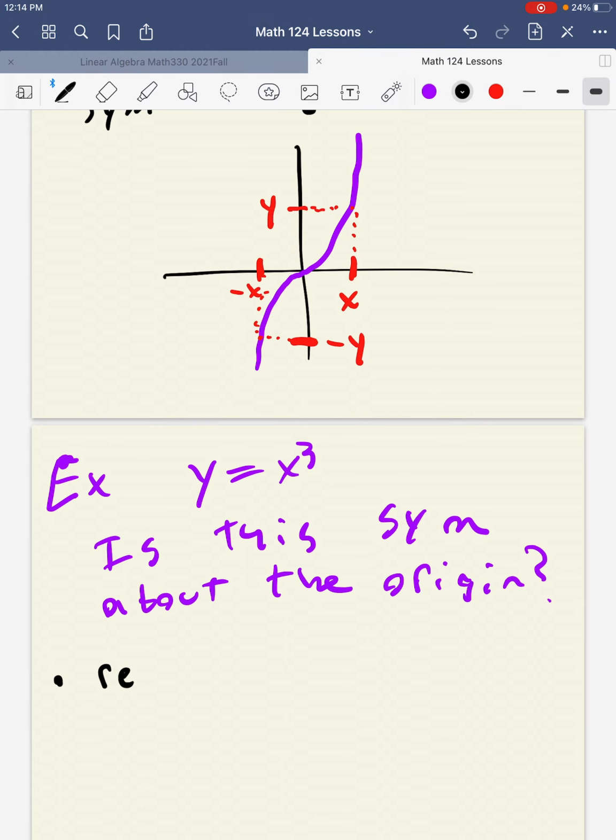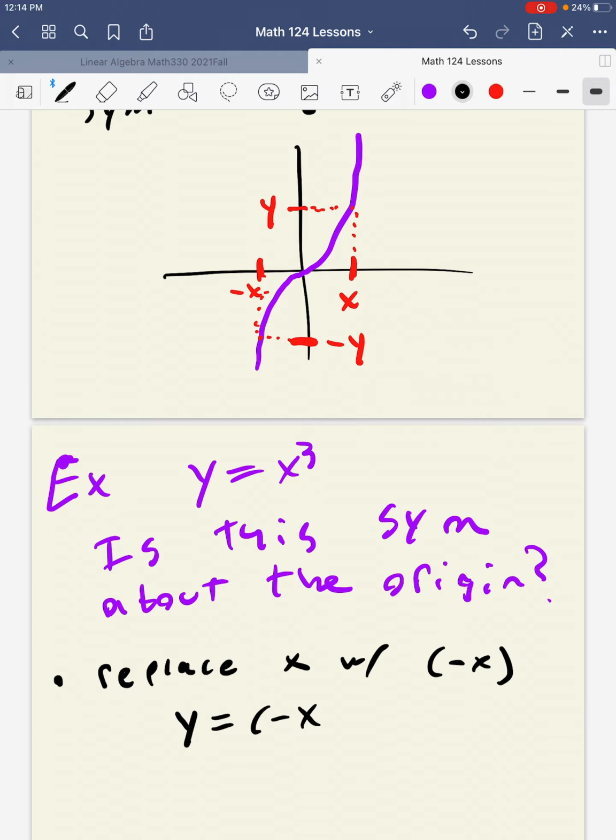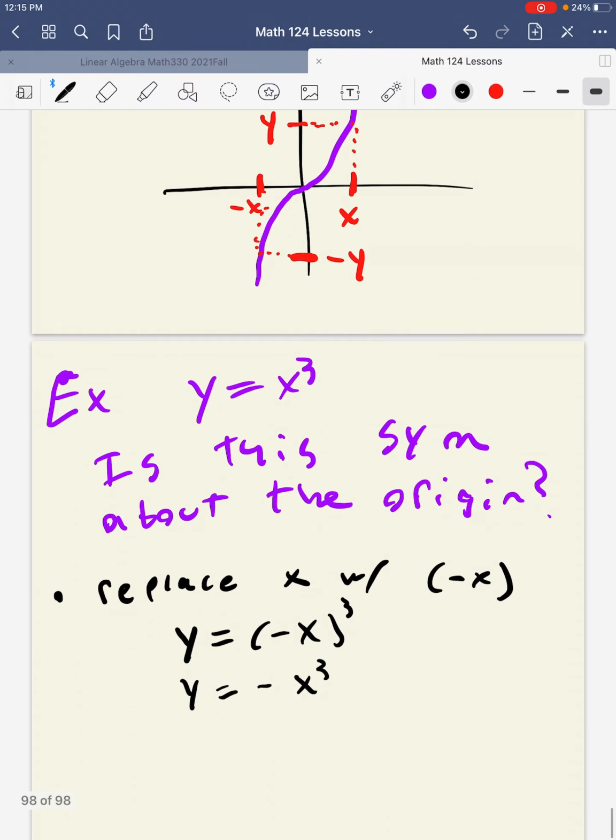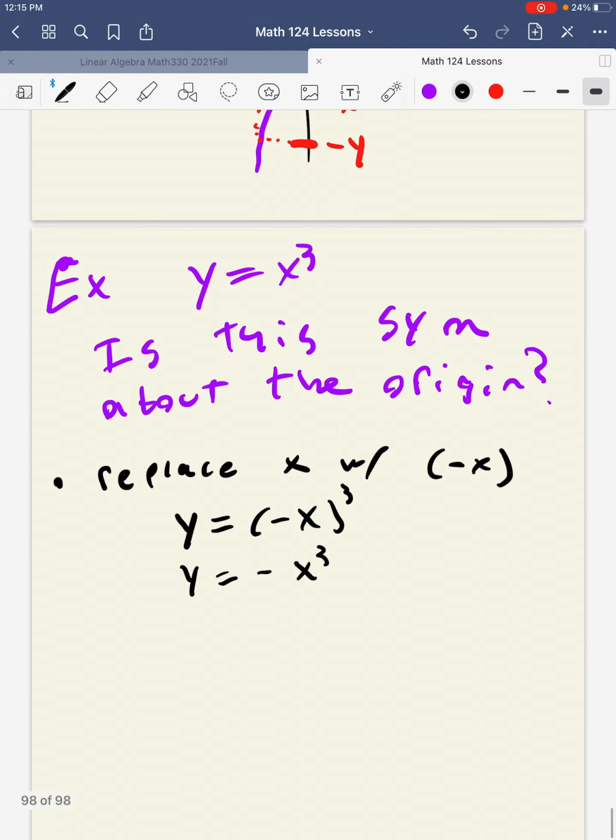Well, we notice if we replace x with minus x, we get y equals minus x cubed. We simplify, we get negative x cubed, so triple negative is still negative.